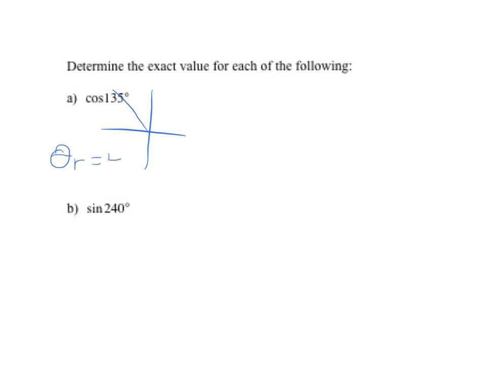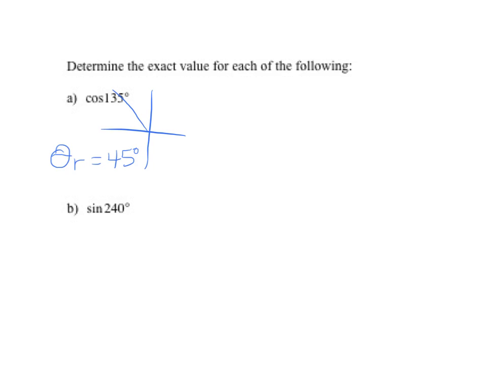Reference angle is 45 degrees. That means this angle in here is 45 degrees. 135 is here, 45 is in there. So I put theta r, for reference angle, is 45.